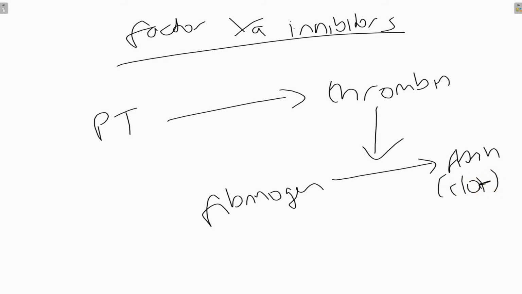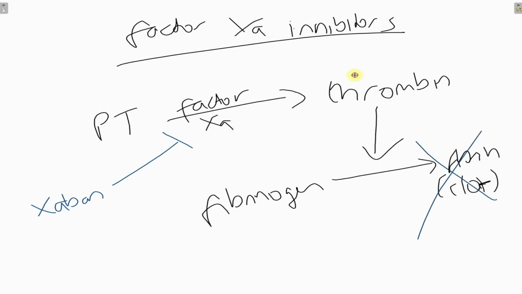Now, that prothrombin to thrombin conversion is catalyzed by factor 10A. So obviously you can see that XABANS inhibit that factor 10A, so the clot's not formed because you don't get any thrombin.